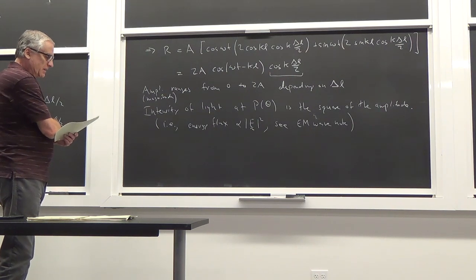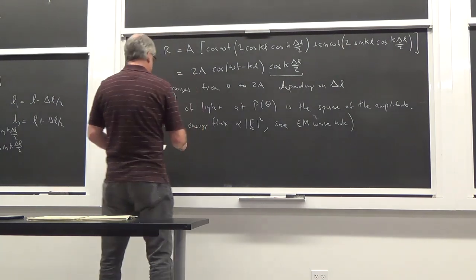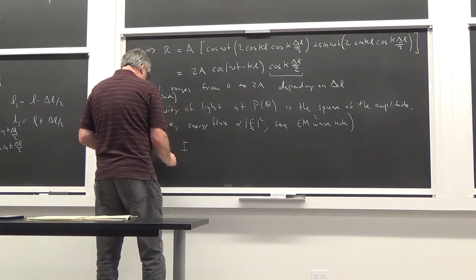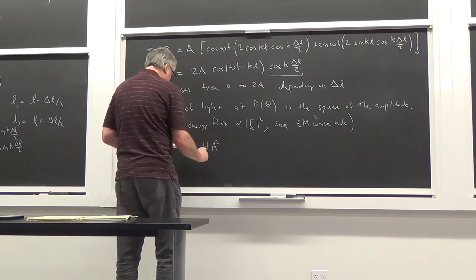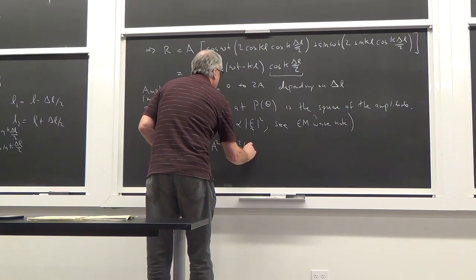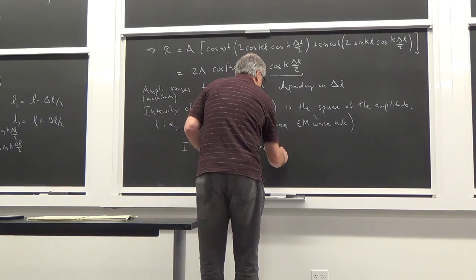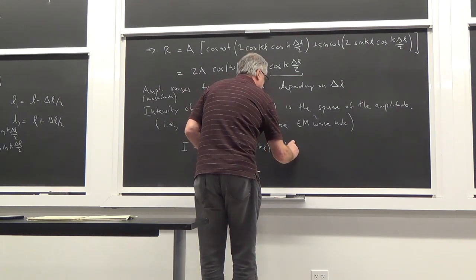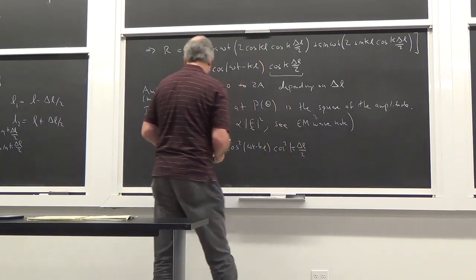Okay, so to get the intensity then, we just square the amplitude. 4a squared cosine squared (omega t minus kl) times cosine squared (k delta L over 2).